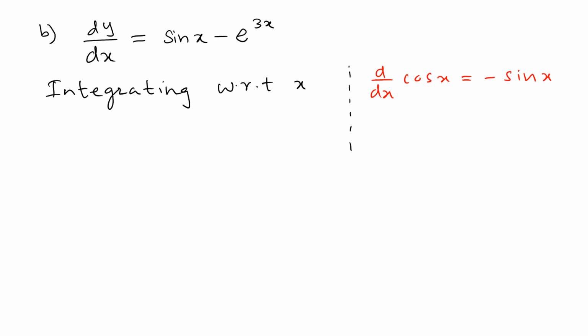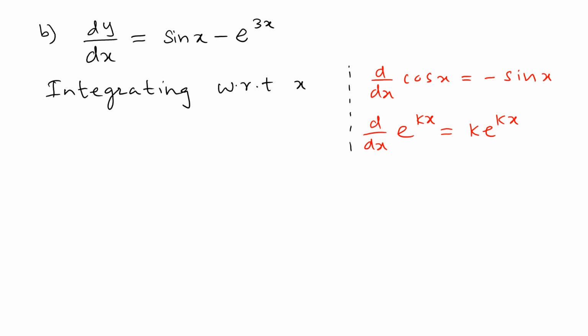So that means you have to manipulate the negative sign. And also we know that the derivative of e to the kx, if you have a constant k, is simply k e to the kx. So we can use these two facts here. That means if you integrate, it will be backward.